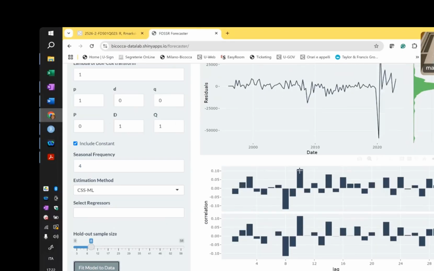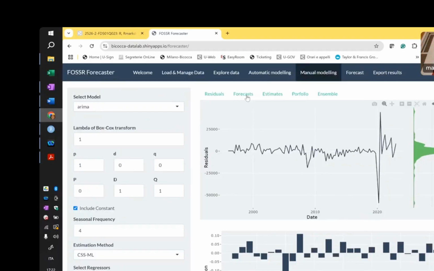And this is much better. As I said, I didn't put the bands. Maybe I should put the bands just to give a little bit of the dimension of these numbers. I will do that. And so this seems to be a reasonable model. We can look at the estimates.